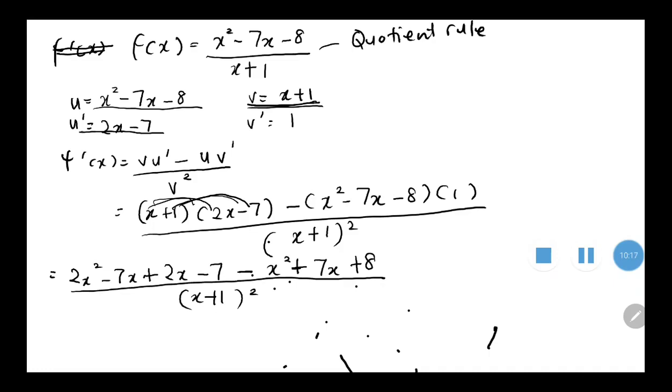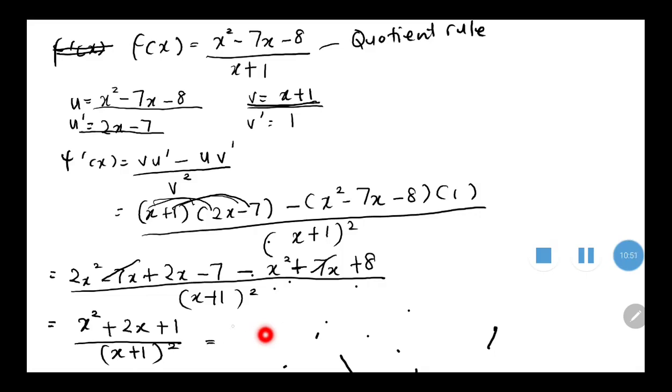So looking at this, you can cancel 7x. And then 2x squared minus x squared, you will get x squared, plus 2x, minus 7 plus 8, you will get plus 1. Over (x plus 1) squared.